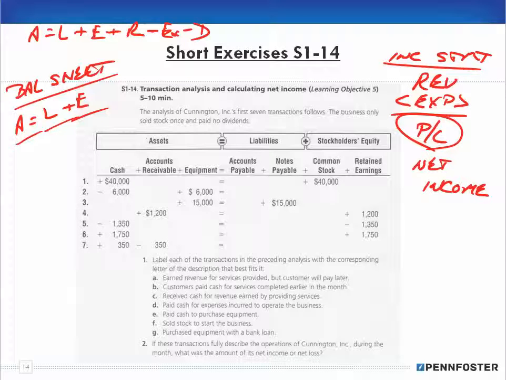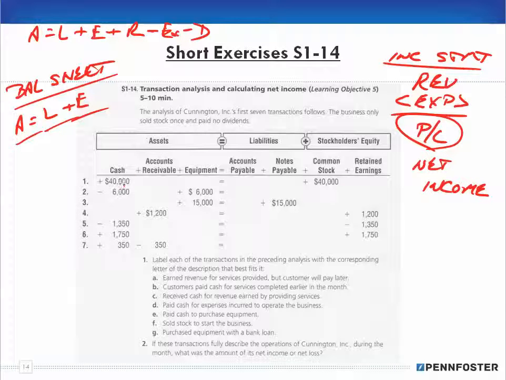So for number 1 here, it says label each of the transactions in the preceding analysis. So I have to label these transactions here with one of these, okay? So what am I looking at here?